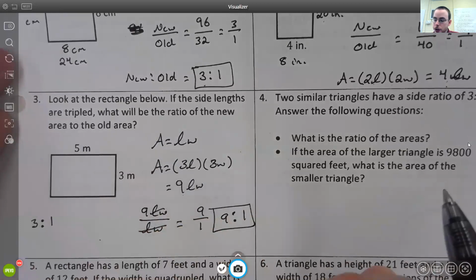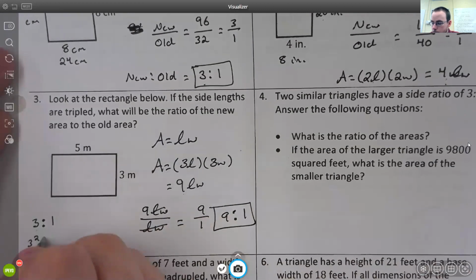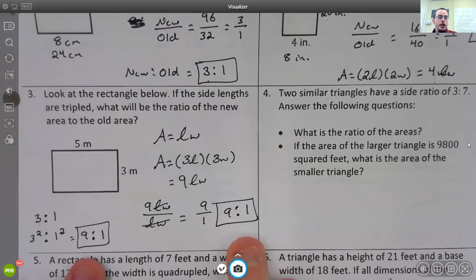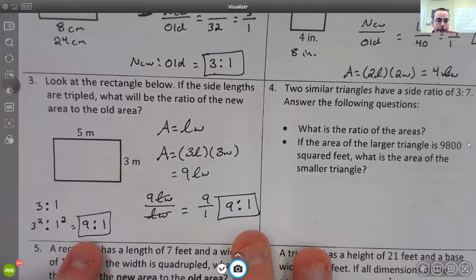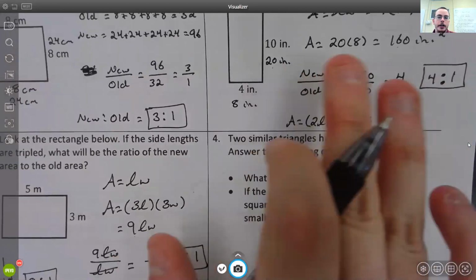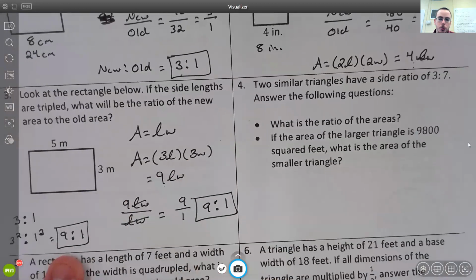So that means to get from our side ratio to our area ratio, we need to square these. And of course, when you square 3 and 1, 3 squared gives you 9, 1 squared gives you 1, and so you end up getting the exact same thing. And again, if you did it by the length and width and found what the actual areas were, you would find 9 to 1 as well.